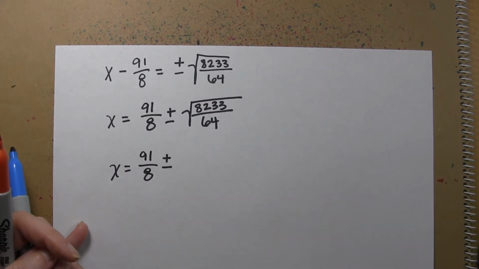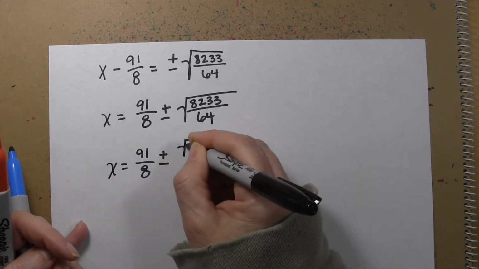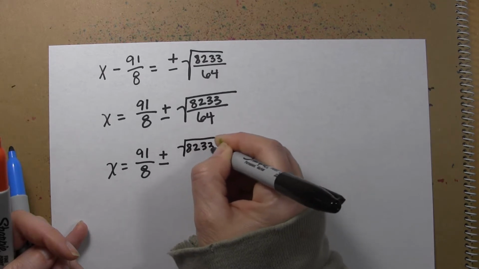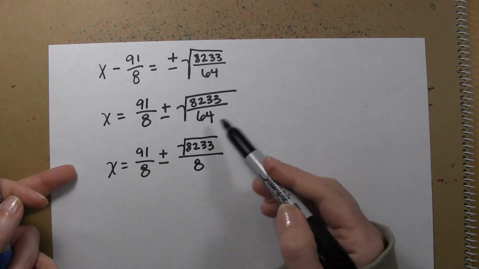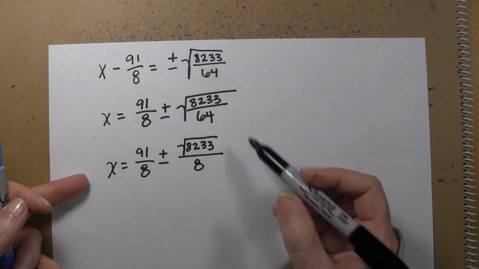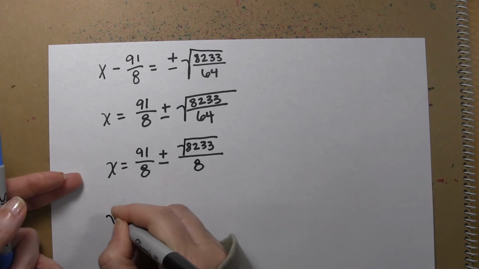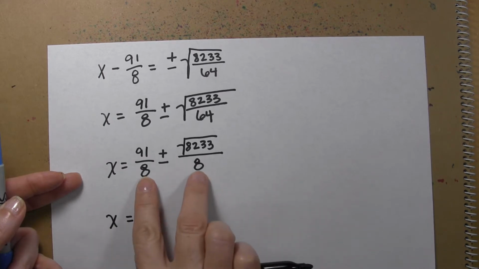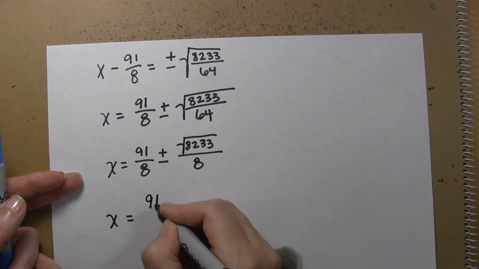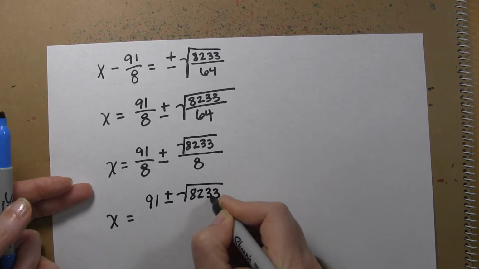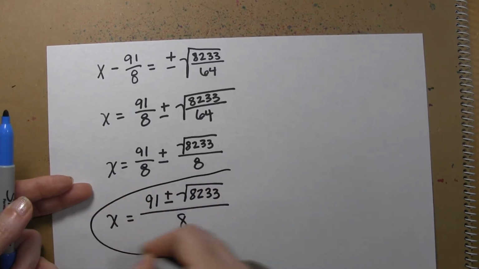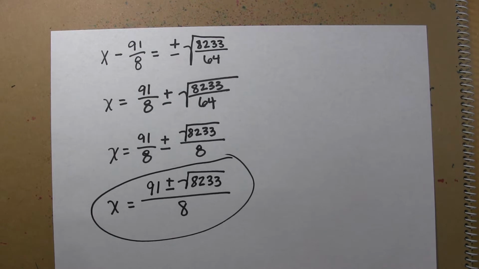All right, so we're just going to leave it like that. Because the square root of 64 is 8. And then we are going to further make this lovely since these two denominators are the same. And we are going to call that our final answer.